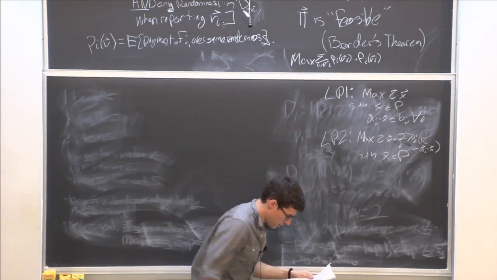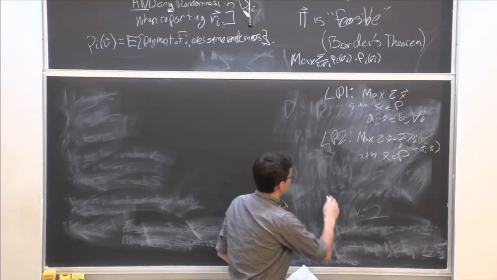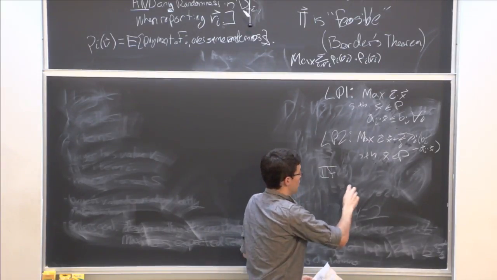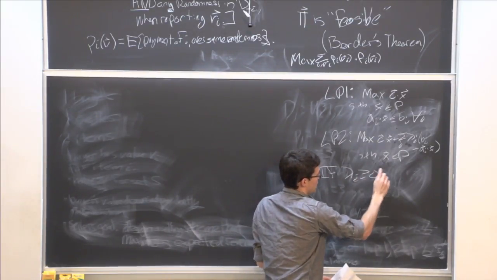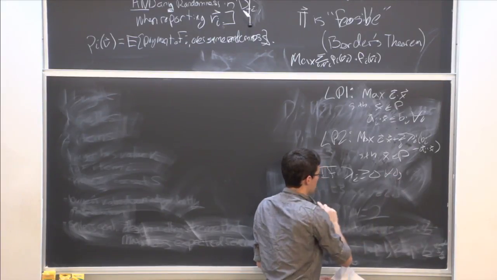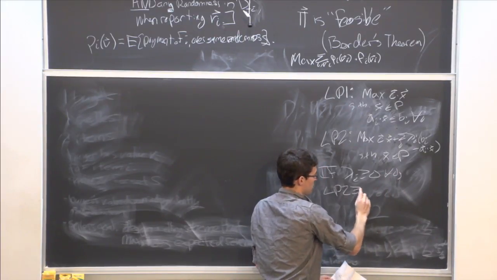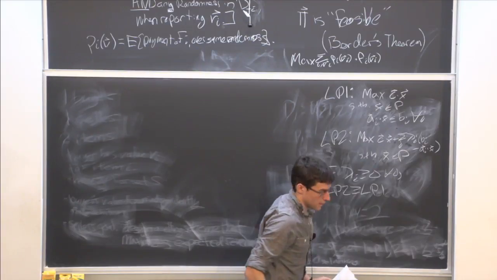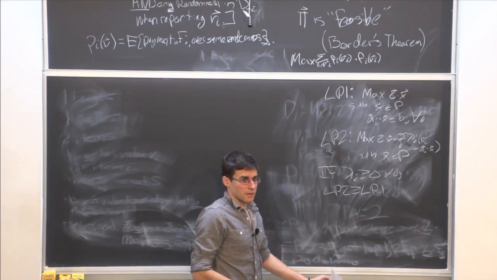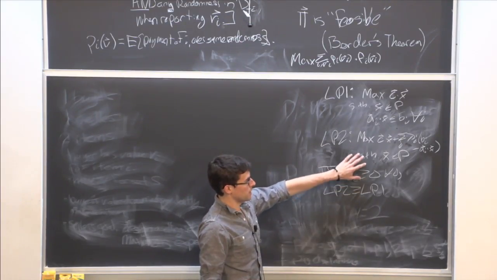And there's an easy theorem that says that if lambda_i is greater than 0 for all i, then the value of LP2 is at least the value of LP1.